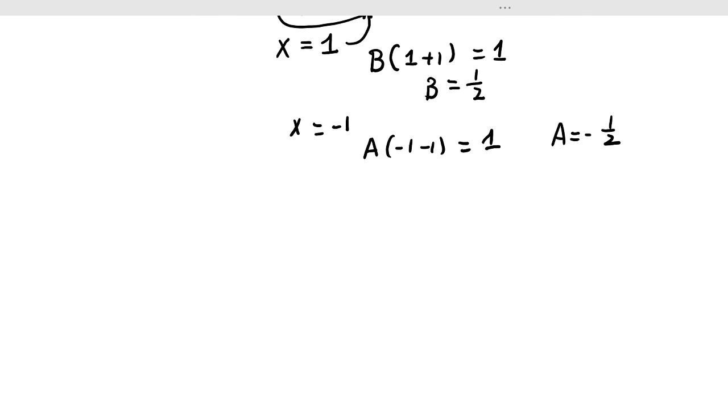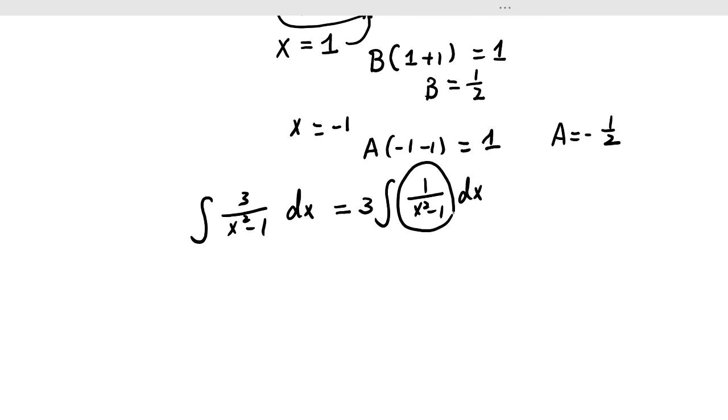So the original problem is the integral of 3 over x squared minus 1 dx. Now we use partial fractions. We rewrite this problem to be 3 times the integration of 1 over x squared minus 1 dx.